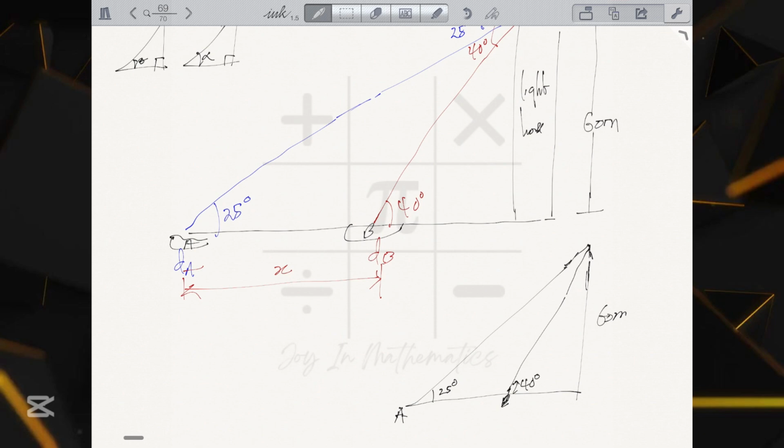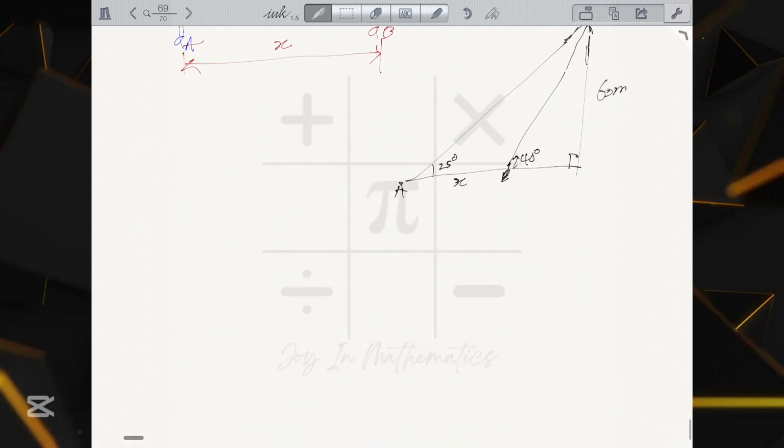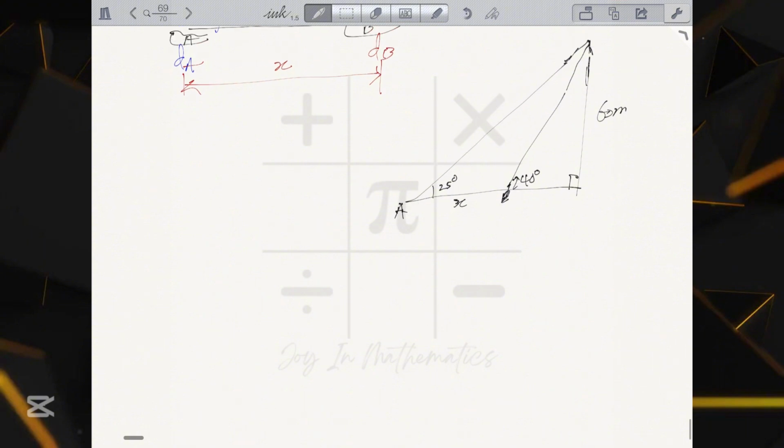And this is a right angle triangle, and we are looking for X. So let's move on and solve this now. Let's call this DA, the distance from boat A to the base of the lighthouse. And the distance of this one to the base of the lighthouse, we call it DB.